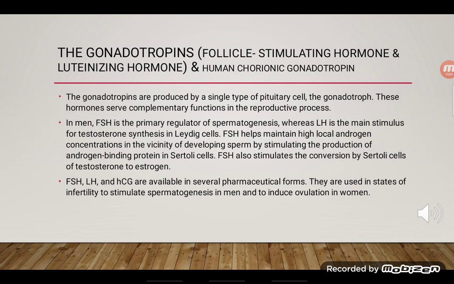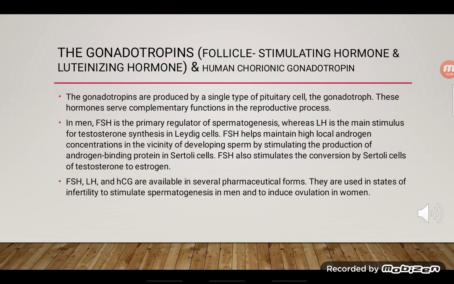Also, FSH helps maintain a high local androgen concentration by stimulating the androgen binding proteins in Sertoli cells, so they maintain a high local level of androgen around the developing sperm. That's why they are important for the regulation of spermatogenesis, and they also stimulate the conversion of testosterone to estrogen.